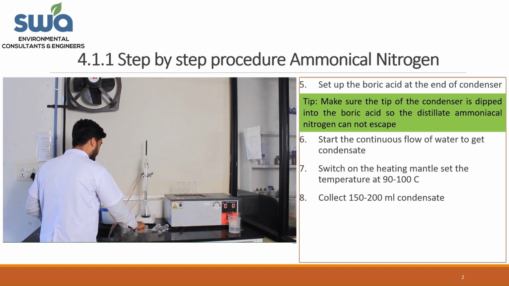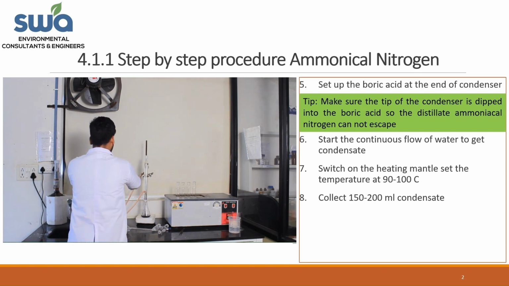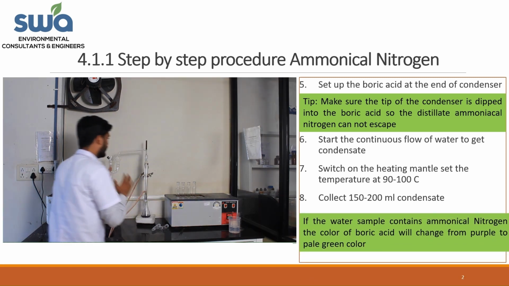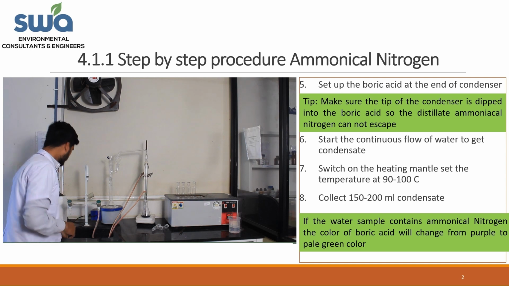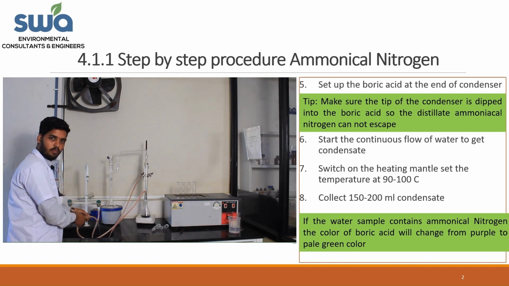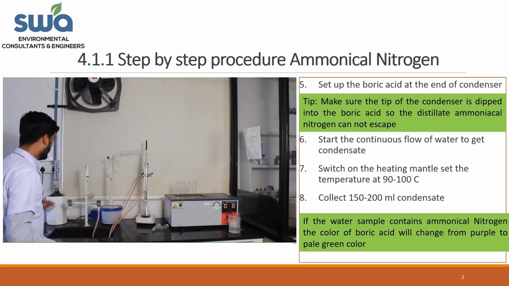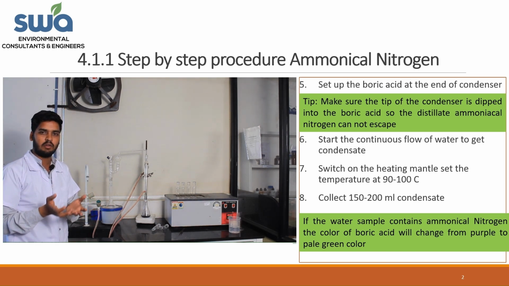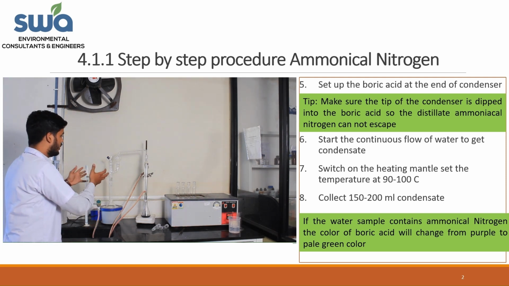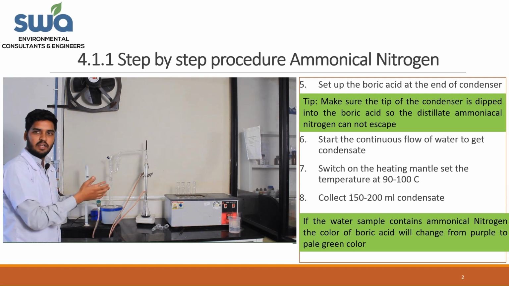Now let's set up the assembly. After setting up the assembly, make sure you switch on the continuous water flow, because when the heating mantle heats the solution, it will evaporate and this assembly will get heated.